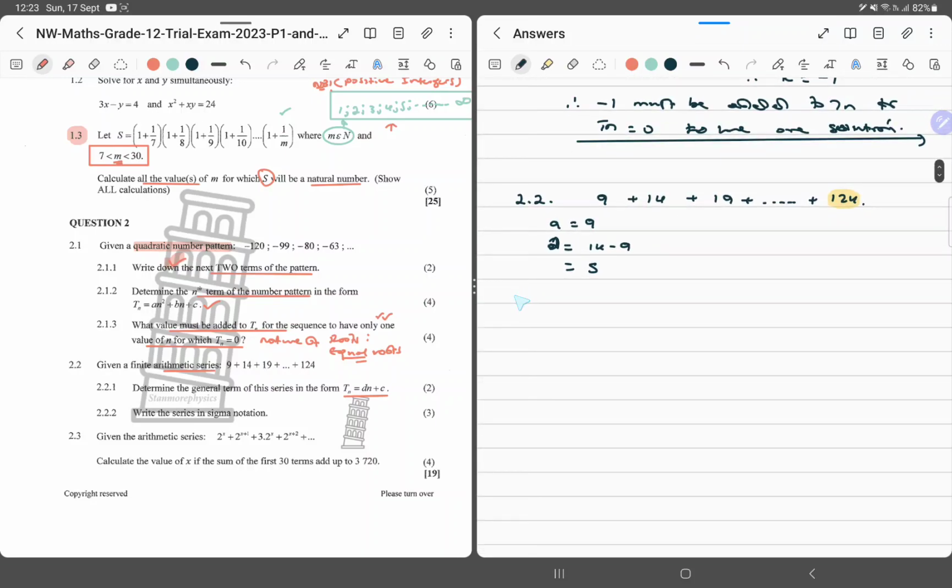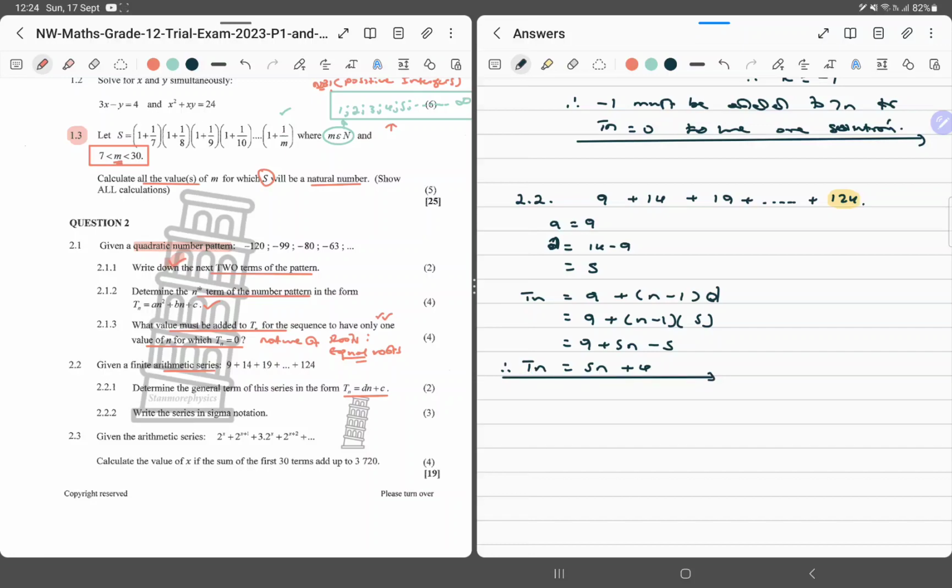Okay, so this means that Tn is a plus n minus 1 times d. a is 9 plus n minus 1 times 5. This is 9 plus 5n minus 5. This is 5n plus 4. So that is our Tn.